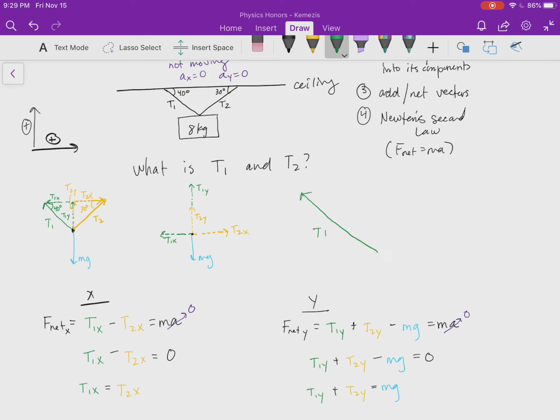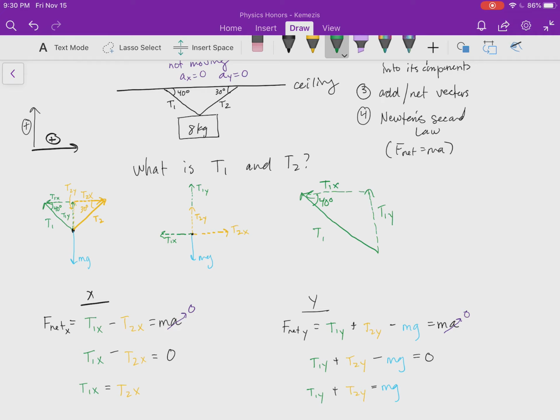Say this is T1, and we're talking about T1y and T1x. Again, we don't actually know what T1 is. That's what the question is asking us for.